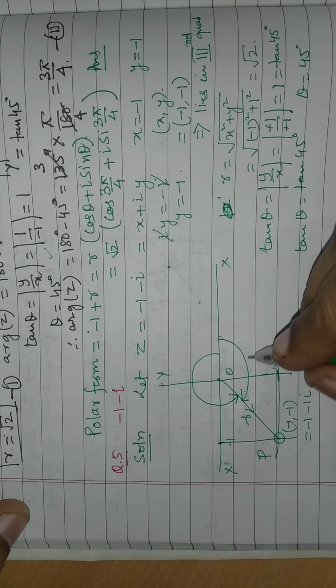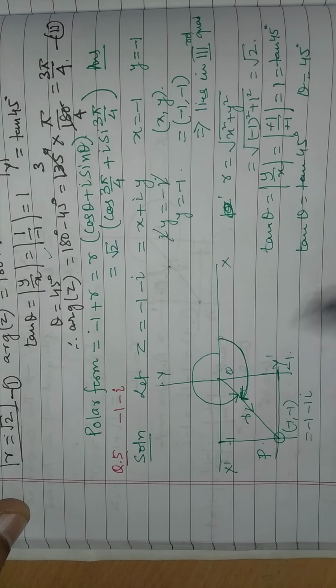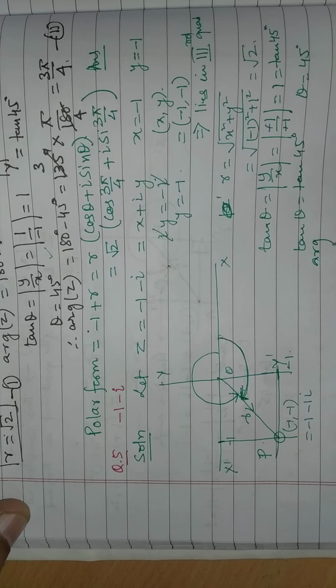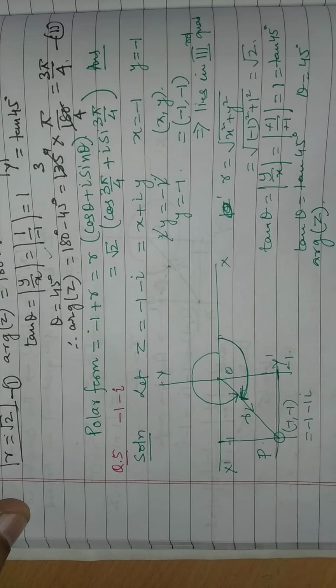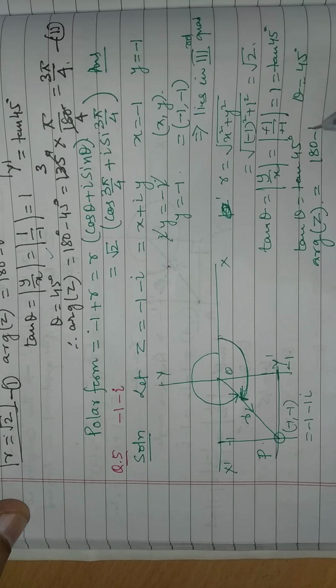Now this value is taken as the argument. So for the argument, you have to find the argument of z, which is equal to 180 degrees minus 45 degrees.